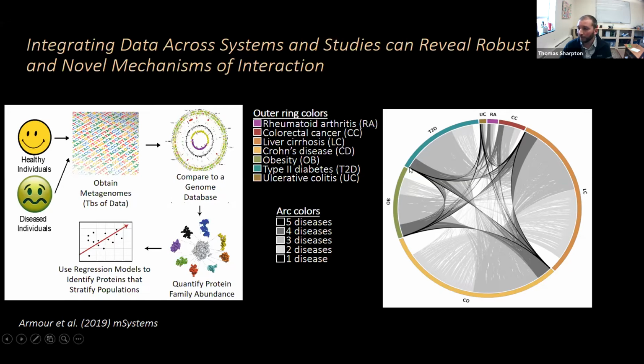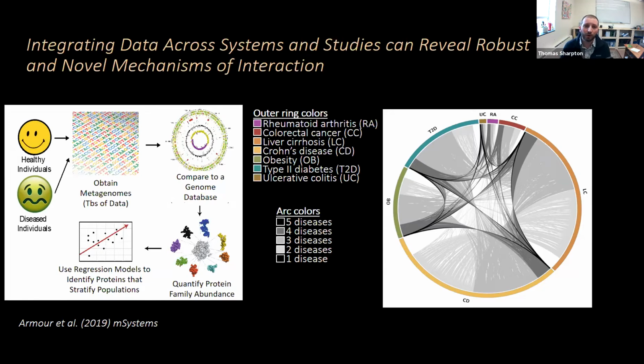And what we ended up doing is we then assessed whether or not an indicator in one disease was also revealed to be an indicator in another disease. And these arcs in this chord diagram illustrate such instances where we identified indicators of multiple diseases. Now, this is an interesting observation that has uniquely come out of this type of data integration approach, because it indicates that these types of protein families may link to health or disease in a general context.